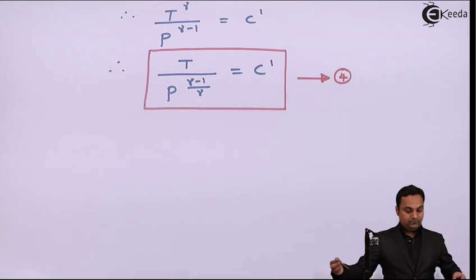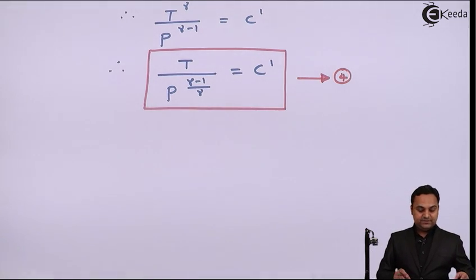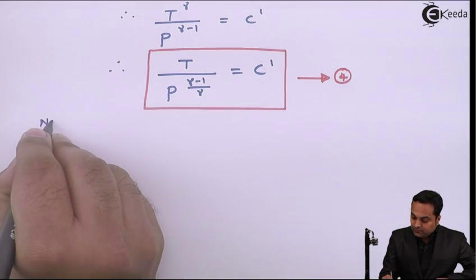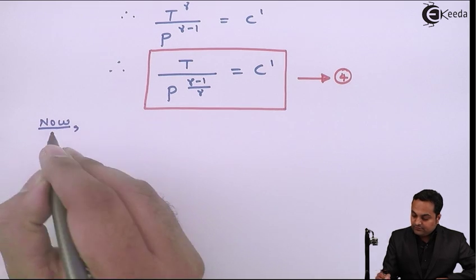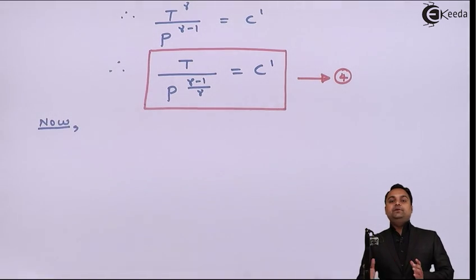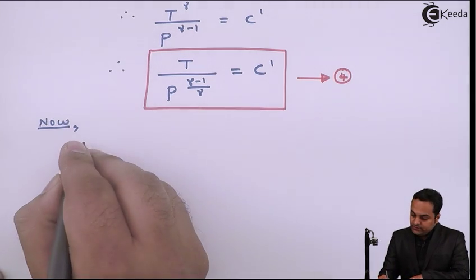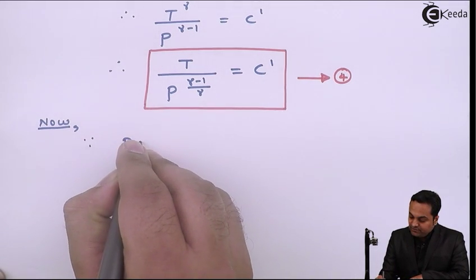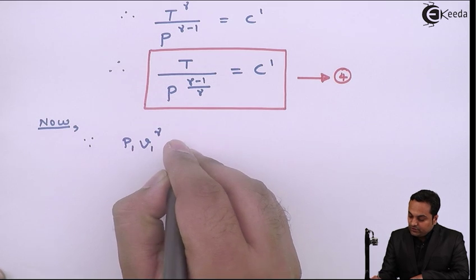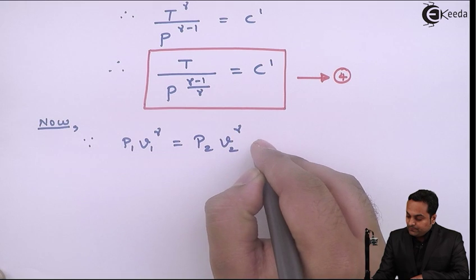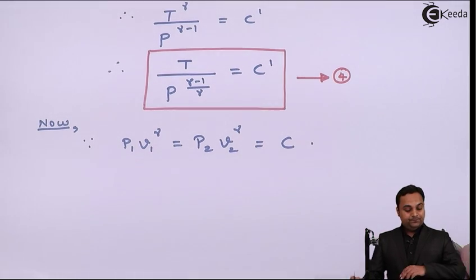Next, after reaching this stage, I am applying the governing law for adiabatic process at state 1 and state 2. So I can say that since P1 V1 raised to gamma is equal to P2 V2 raised to gamma, that is equal to constant.